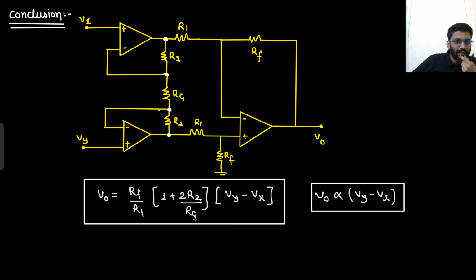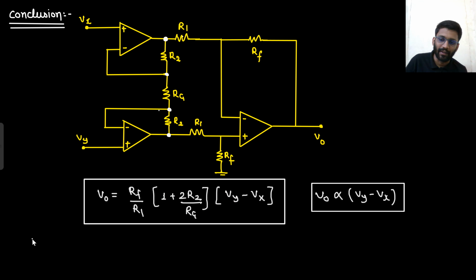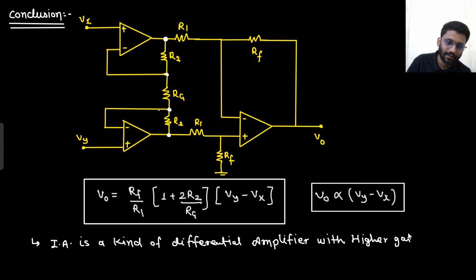Say yes or no. So what I am going to write, instrumentation amplifier is a kind of differential amplifier with higher gain.